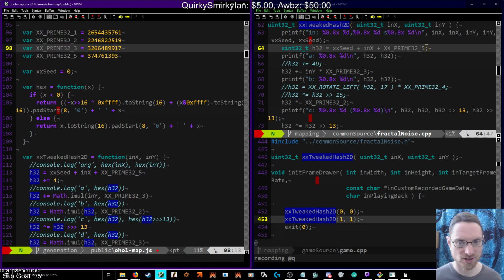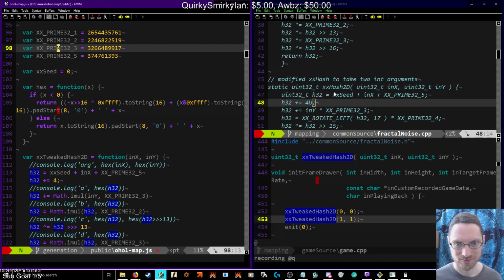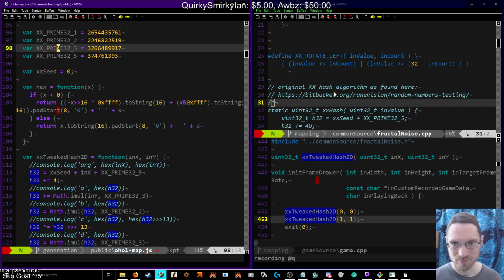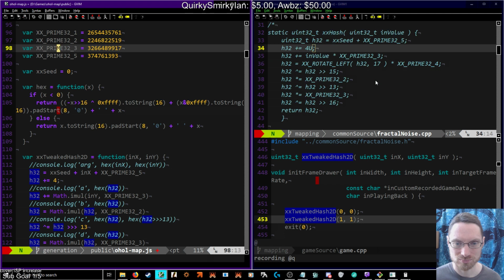Oh, and this was the whole rotate left thing, which is probably why he pulled it out. Oh, yeah, and the XY was a little arbitrarily put in here, I guess.